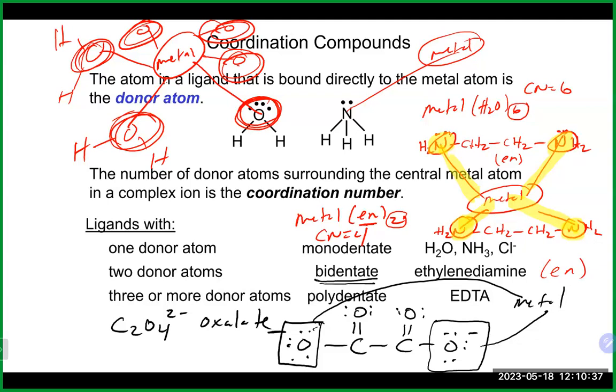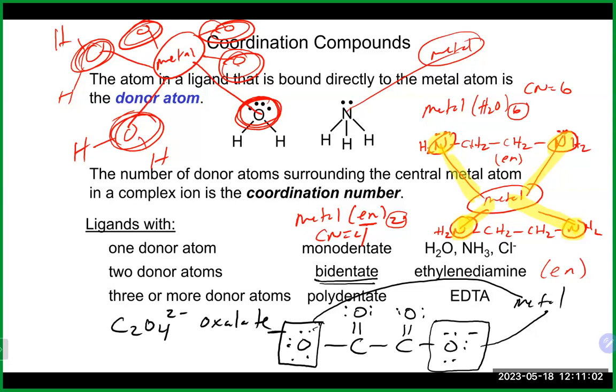There's even some ligands that can attach in a lot of places. So 3 or more are sometimes referred to as being polydentate. And EDTA is ethylenediamine tetraacetic acid. It attaches in 6 different locations. So for every 1 molecule of that EDTA, there's 6 places where it will gobble up a metal.